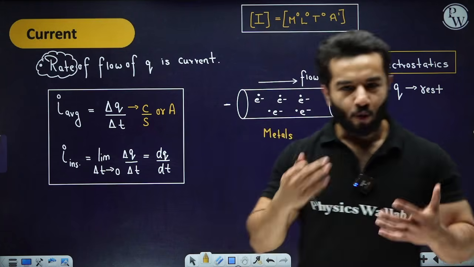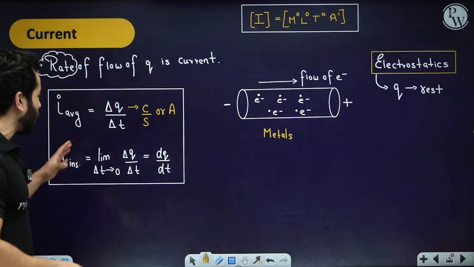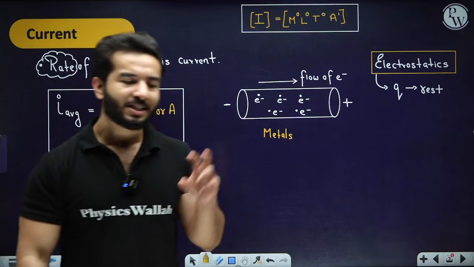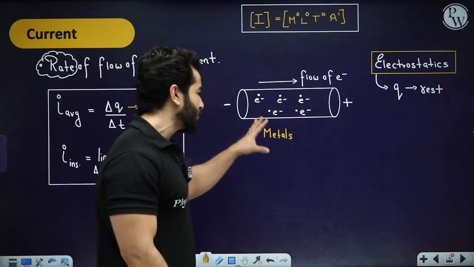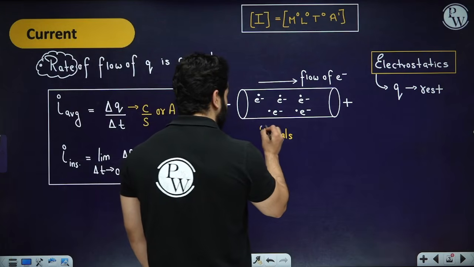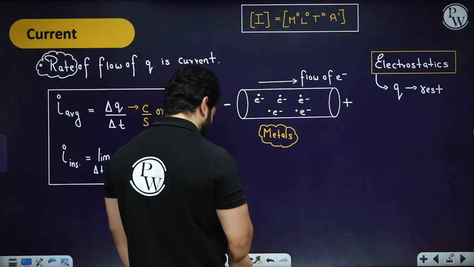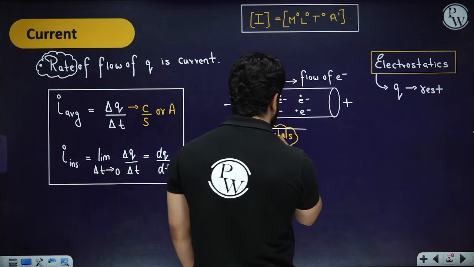Now let's quickly move on. Hopefully now you are with me. We are on the same page. We have talked about what we mean by current, why current is basically rate of flow of charges. Charges can be different in different types of mediums. For example, in metals, the charges are electrons, and the direction of flow of electrons is something like this, and the direction of current will be opposite to it.